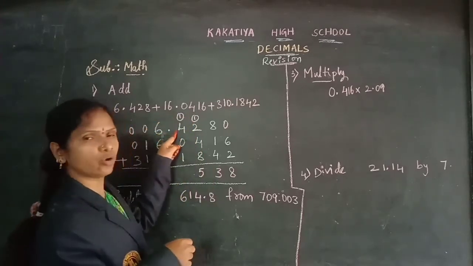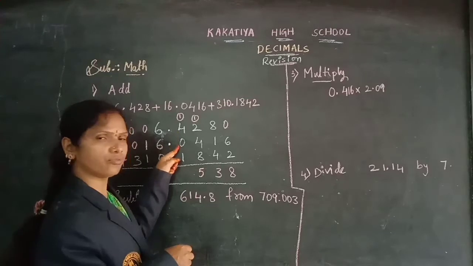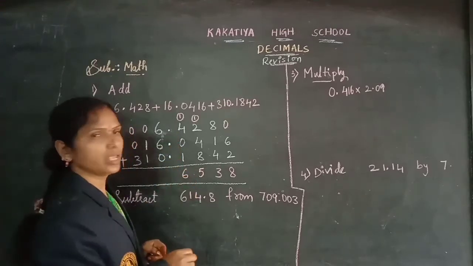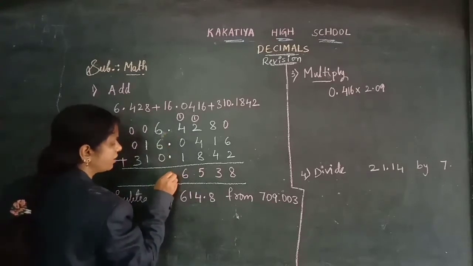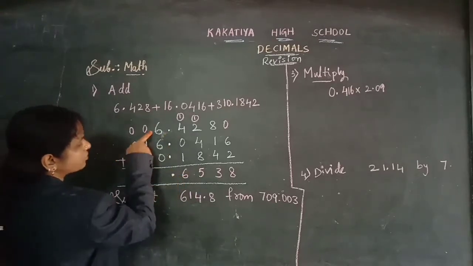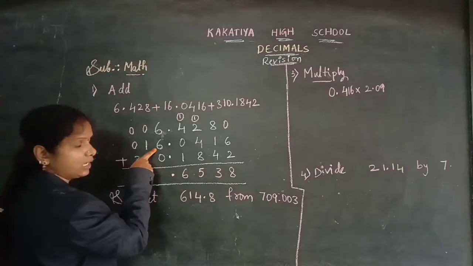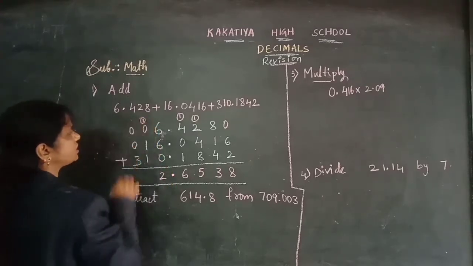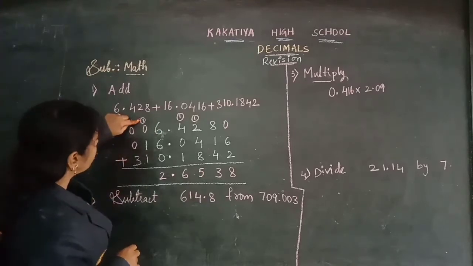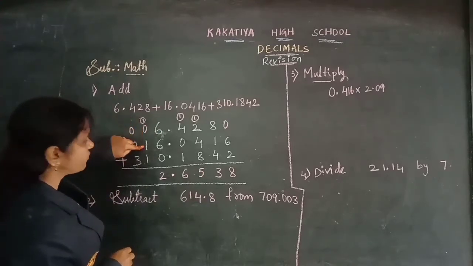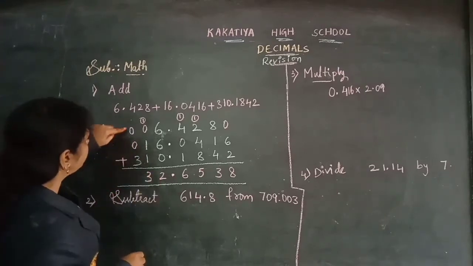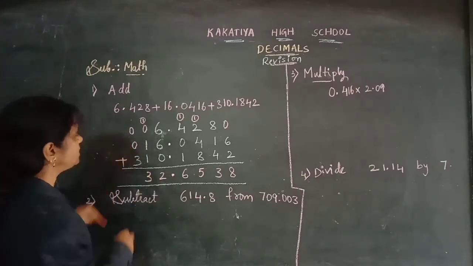Now 1 plus 4, 5, 5 plus 0, 5, 5 plus 1, 6. Okay. Now the decimal point in order in the answer also. Now 6 plus 6, 12, 12 plus 0, 12, children. So 2 here, 1 carry, as 12 is a 2 digit number. Now 1 plus 0, 1, 1 plus 1, 2, 2 plus 1, 3 here. And here 0 plus 3 is 3.